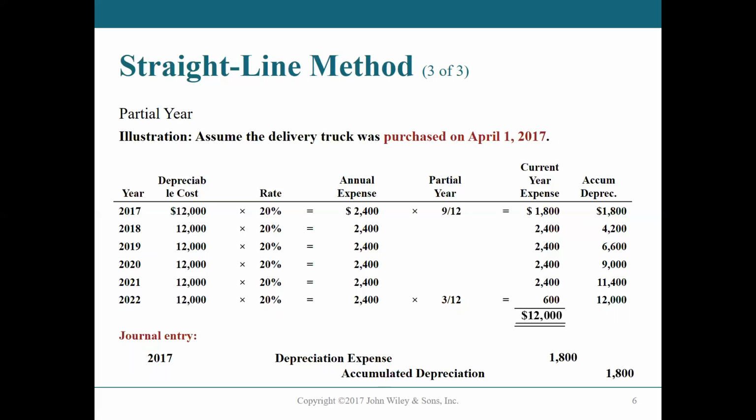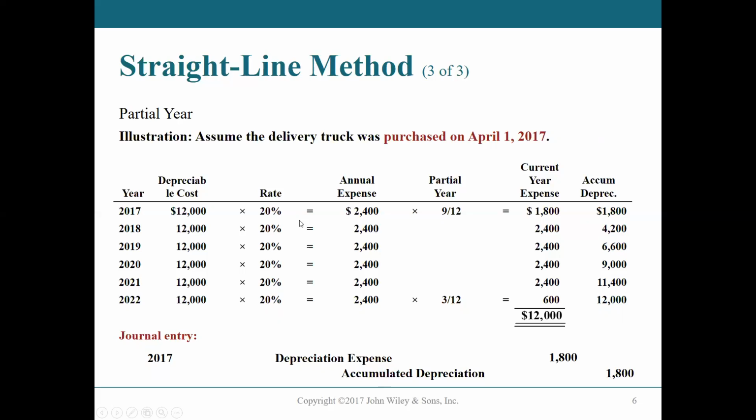One thing to consider is we don't always purchase assets on January 1st, and so we'll have partial year depreciation. Let's see, I think we have a question. So the rate, good question. The rate, you'll notice the rate's the same each year, it's 20%.